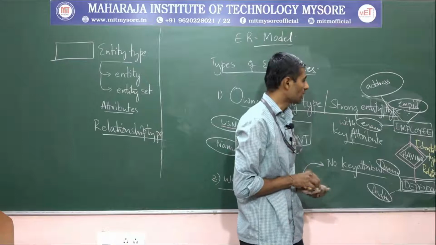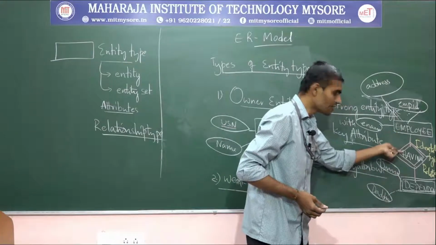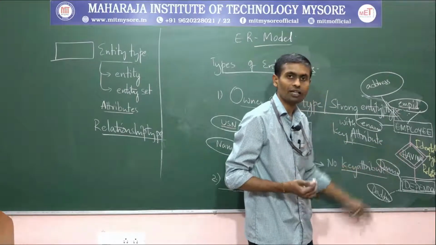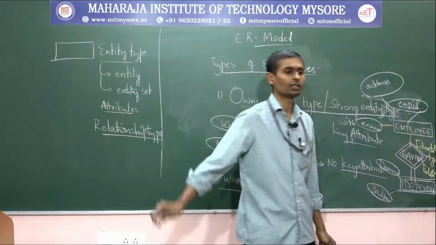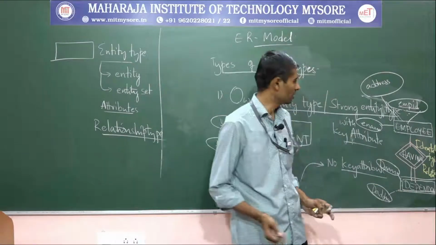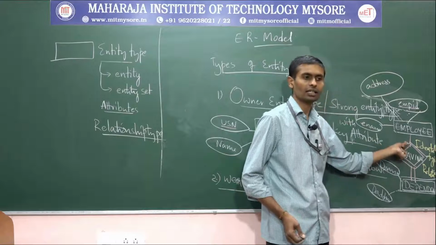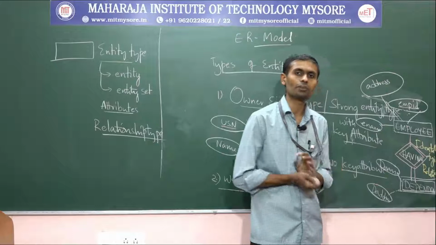Most of the time, a weak entity type participates through this identifying relationship type with total participation with a strong entity type. Then definitely you may have a question: what is this total participation? Here we have written two lines, and here a single line. This is called a participation constraint.